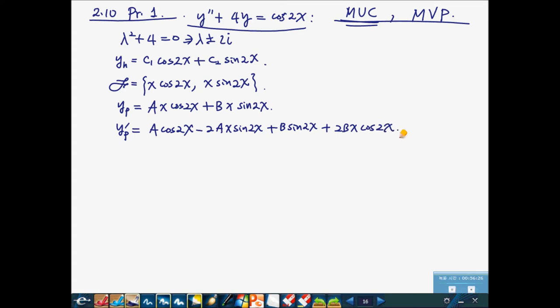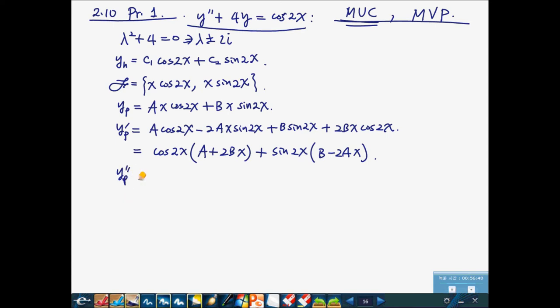Okay? And since we can collect terms, cosine 2x times a plus 2bx plus sine 2x times b minus 2ax.